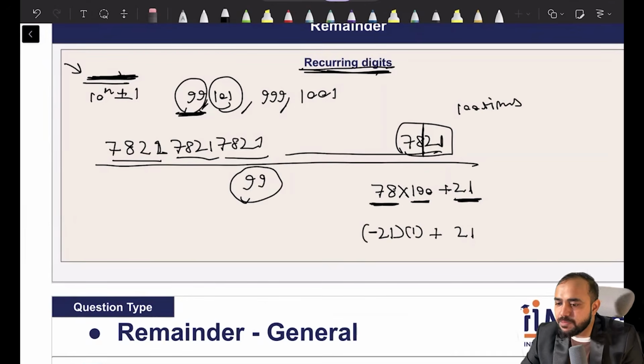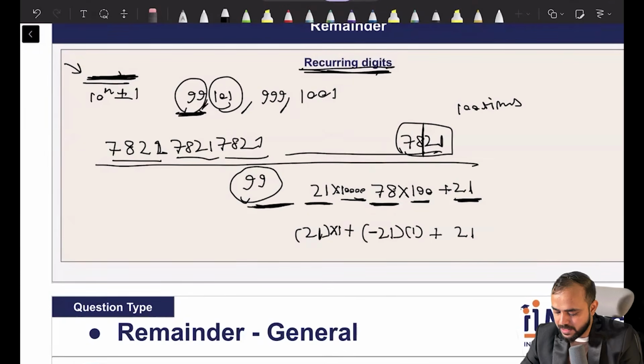The next number that we will have is 21 into 100 into 100. So 100 square. This will leave a remainder of 21. 100 square into 100, 100 into 100 will leave a remainder of 1 into 1. So still 21 into 1.